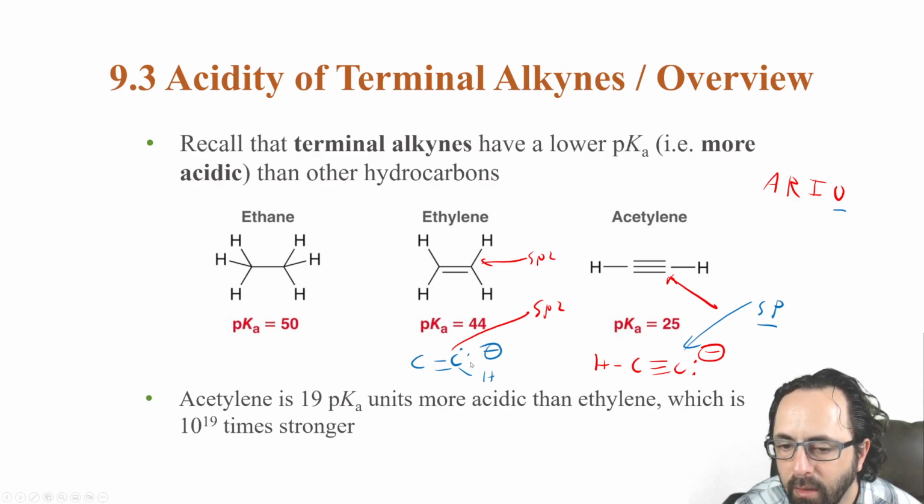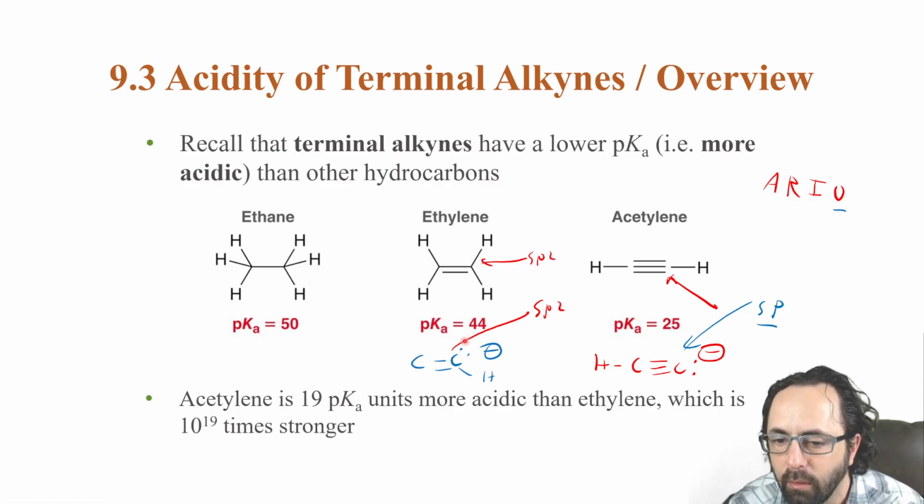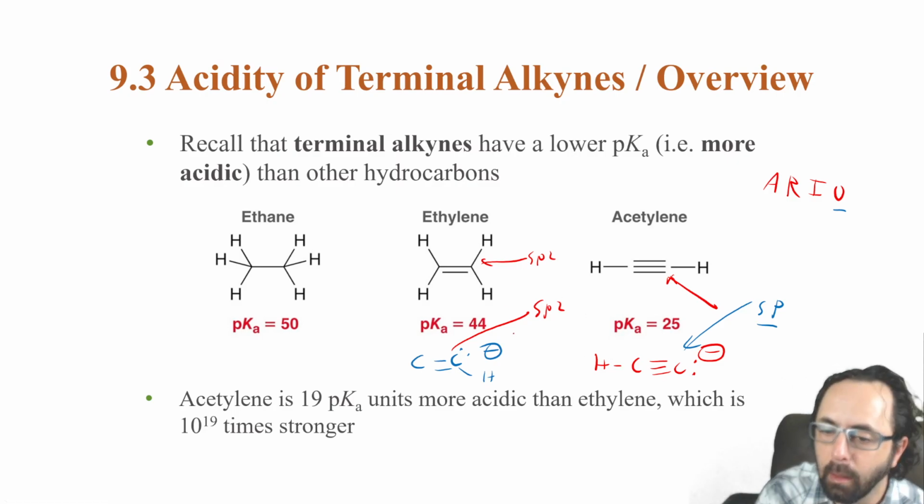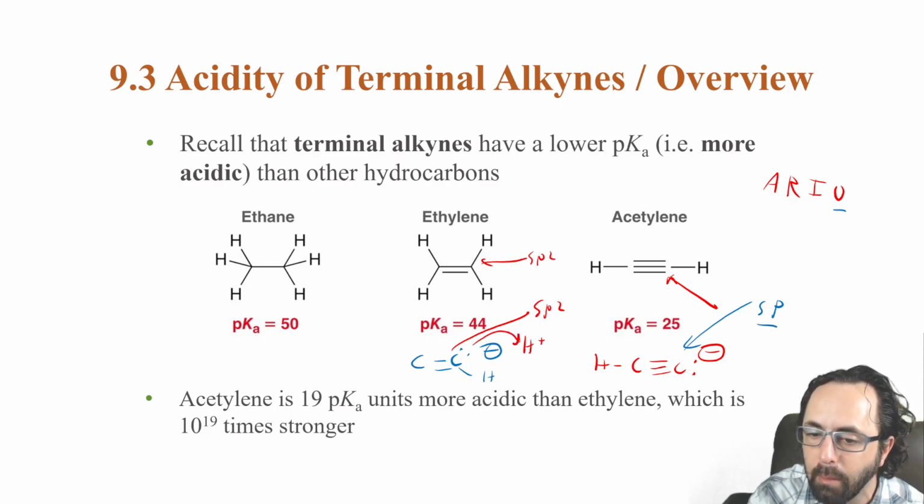And so this lone pair of electrons resides in a larger sp2 orbital. That means that it is not as close to the nucleus and not as tightly held, and thus much more reactive in terms of grabbing back a potential proton. We have a proton here that can go and grab it back.